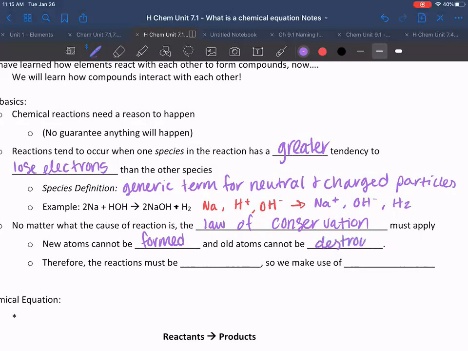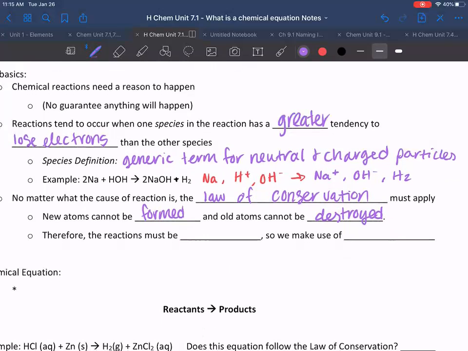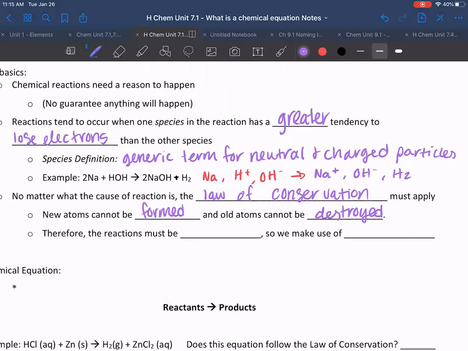So I'm sure, like I said, you've heard this in multiple ways, but it's so important to remember when we're balancing and when we move into stoichiometry on Wednesday, nothing can be created or destroyed of matter. And we have to make sure to represent that with the stuff that we write as scientists. So the reactions must be balanced. So we make use of coefficients.